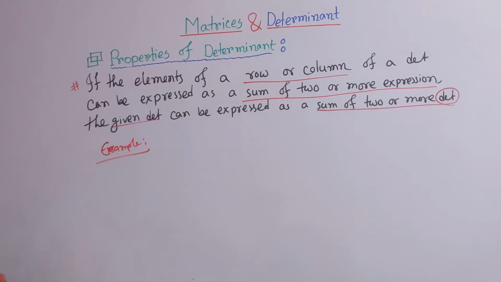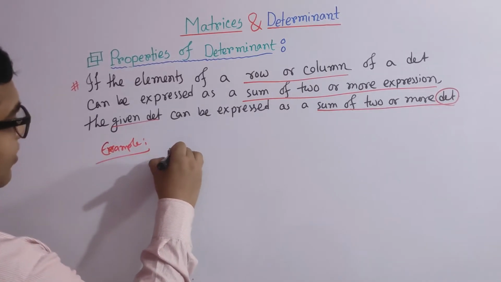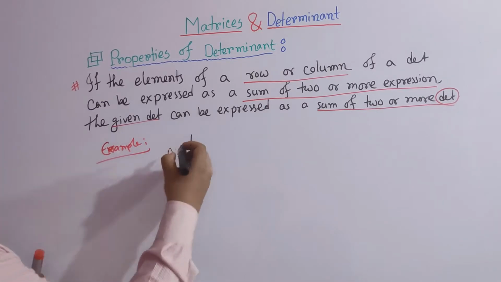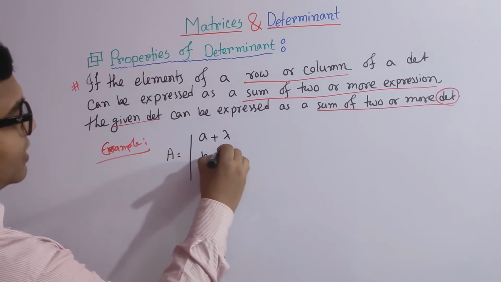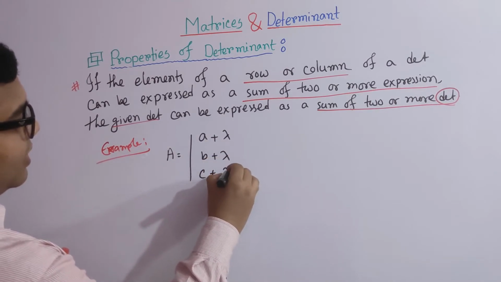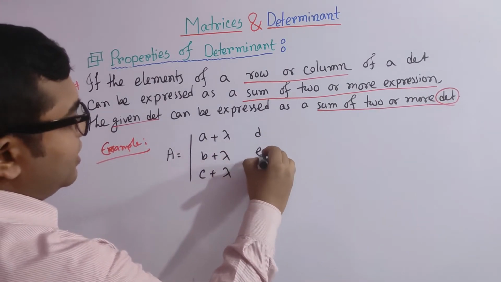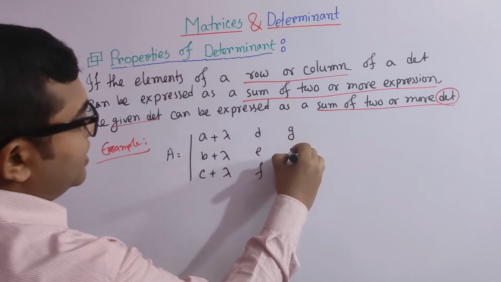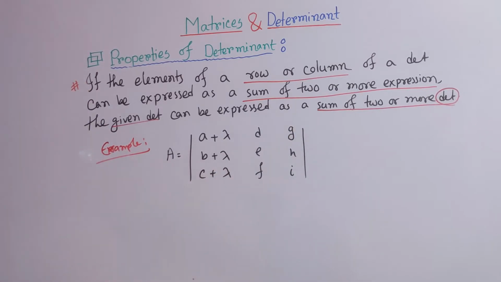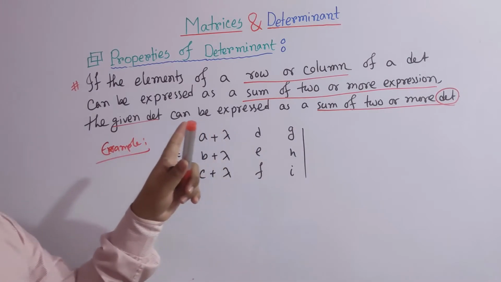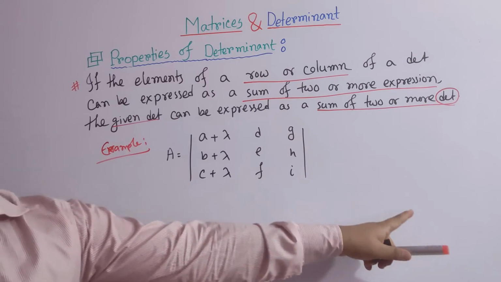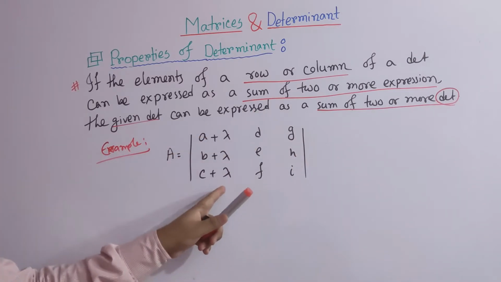So for example, it looks like this. Suppose the determinant has the first row A plus lambda, B plus lambda, C plus lambda, then D, E, F, and G, H, I. This determinant can be written as the sum of two determinants, because something is added within it.